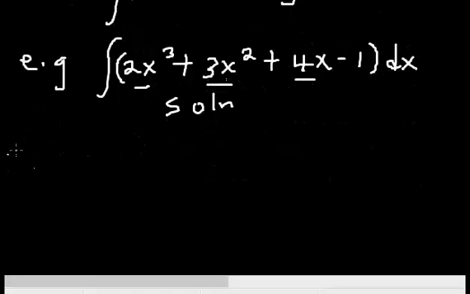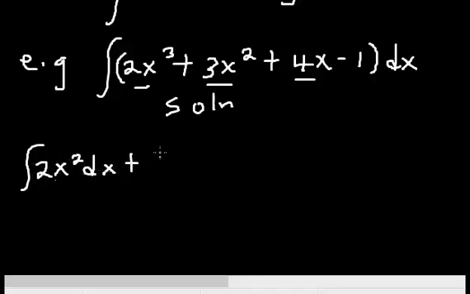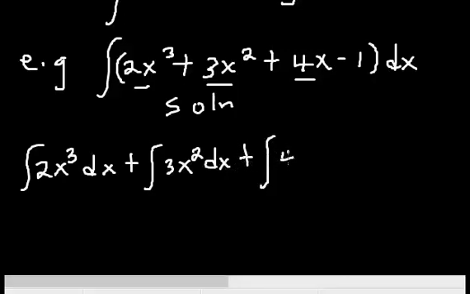So this is finding the integral of 2x cubed, please pardon me, 2x cubed with respect to x, then minus the integral of 3x squared with respect to x, plus the integral of 4x with respect to x, then minus the integral of 1 with respect to x.